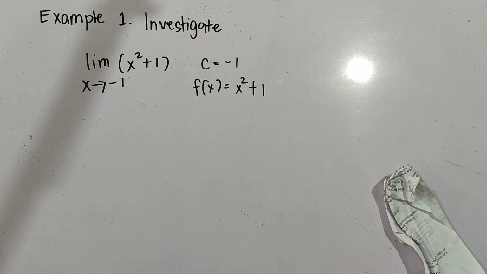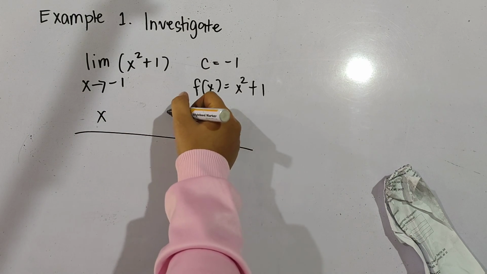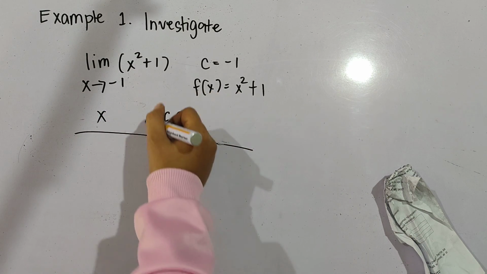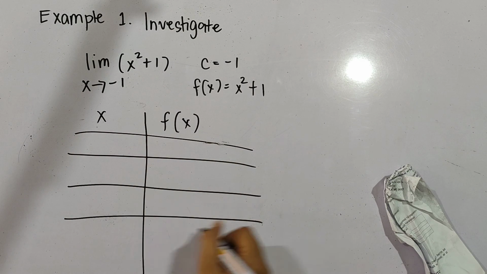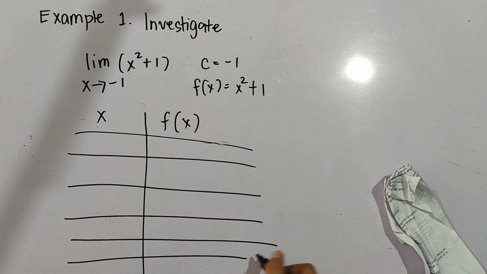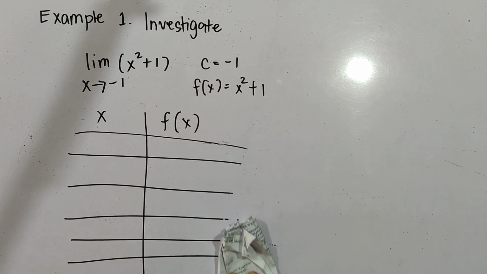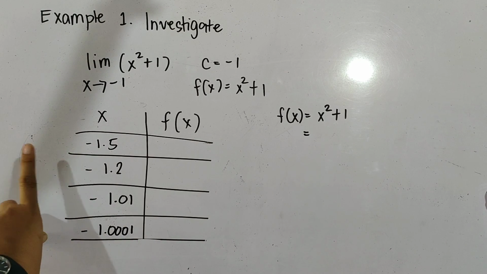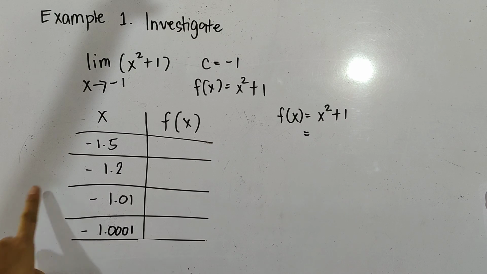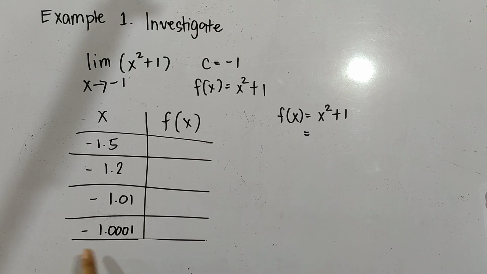We start again by approaching negative 1 from the left. Approaching again negative 1 through its left. So, here are the given values of our x to find the value of our f of x. Okay, the values of our x are negative 1.5, negative 1.2, negative 1.01, and negative 1.001.